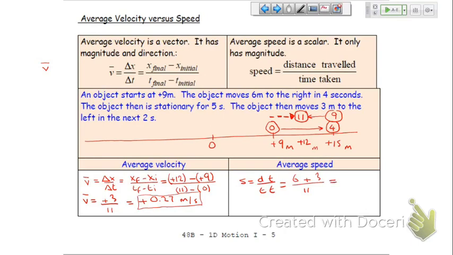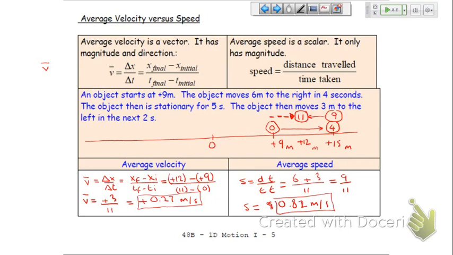So that's going to be 9 over 11. So my speed would equal 0.8, 0.82, call it 0.82 meters per second.